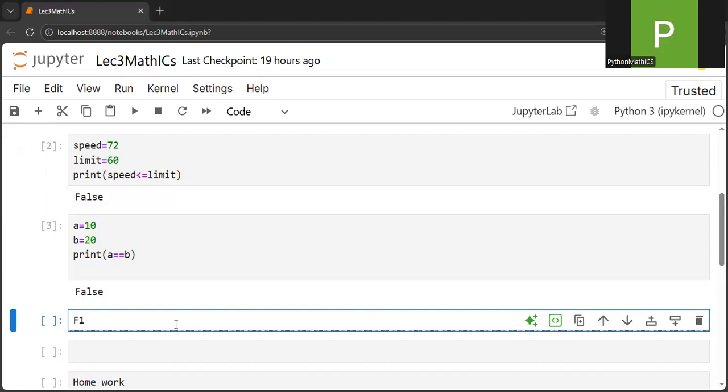But anyways, this is not physics, so we just take two forces and compare them. If we want to take the input from the keyboard, then we will use the input function. So enter value of force 1, okay?